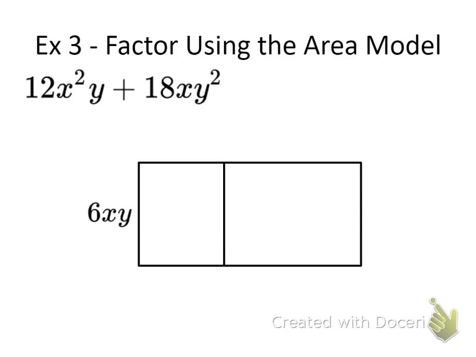So if this represents the area of each rectangle, what's the area of this first rectangle here? 12. Keep going. So that's the total area of this rectangle. I'm going to put equals 12x squared y.